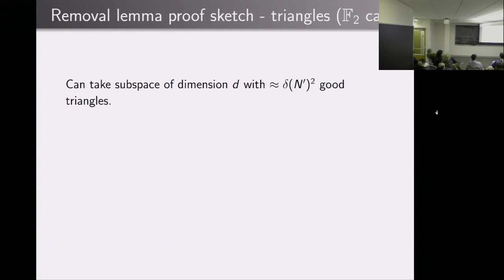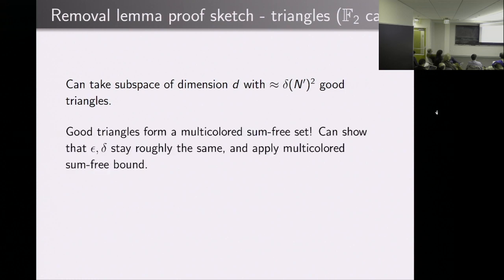So then we can take a subspace of dimension D, which has roughly the same density of good triangles, and the good triangles form a multicolored sum-free set by definition. We show that delta and epsilon stay roughly the same.